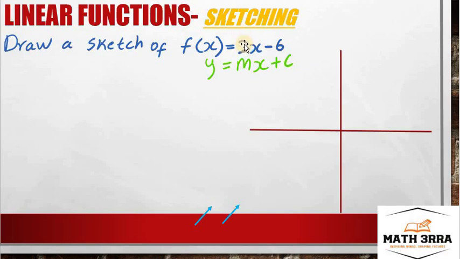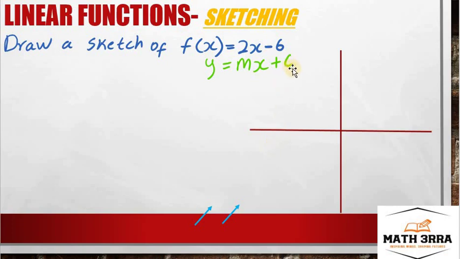According to this format, f of x is equal to 2x minus 6, with the 2 being our m. Note that this is a positive 2. This positive 2 means our gradient is positive, meaning we are expecting a sketch of a graph that is increasing from left to right. That's just us building a narrative before we start doing the things.